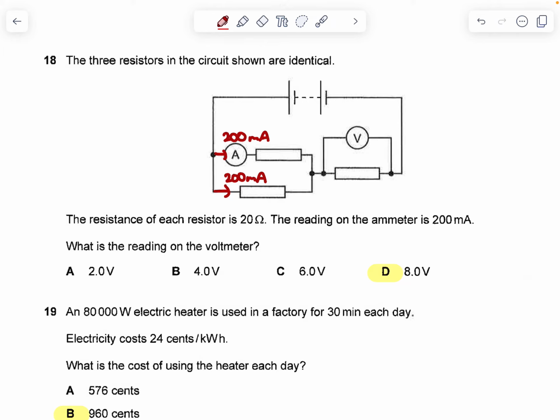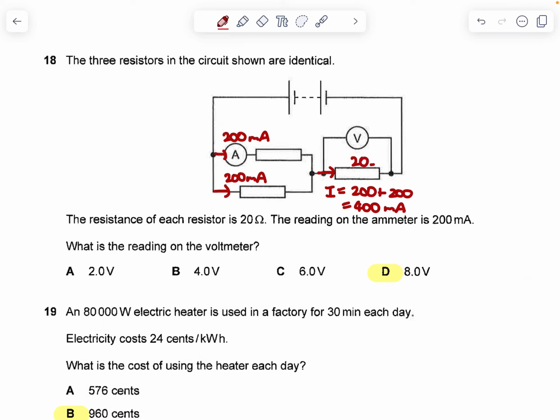So for the top resistor and the bottom resistor, it should both have a current of 200 milliampere, which means when you connect back here, it should have I is actually equals to 200 plus 200, which is equals to 400 milliampere of current going through this resistor.